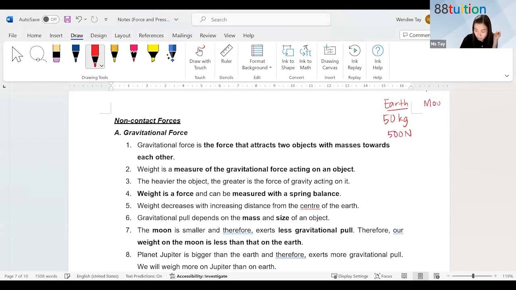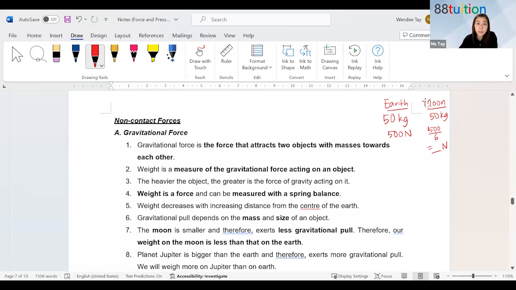When you're on the moon, your mass stays the same because it's about how much matter is inside you. But because the gravitational pull on the moon is weaker by 6 times, so 1/6 of the original, you need to take this 500 divided by 6, and that will be the weight of this person on the moon.